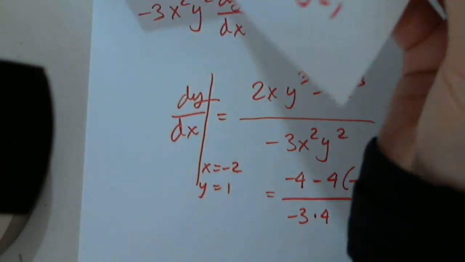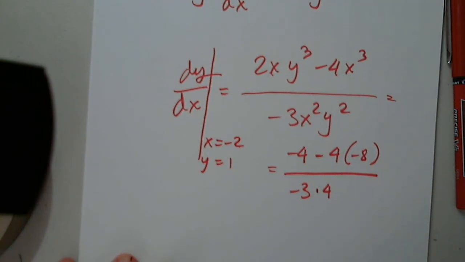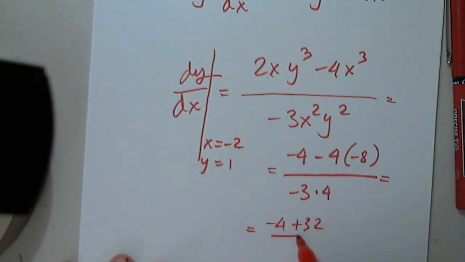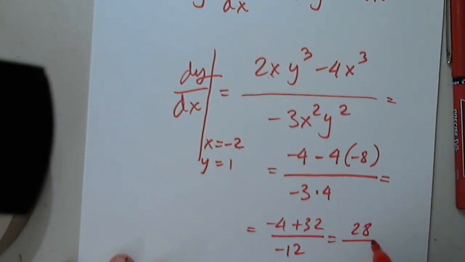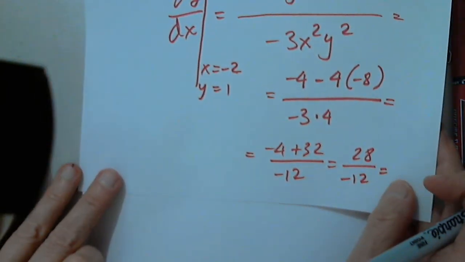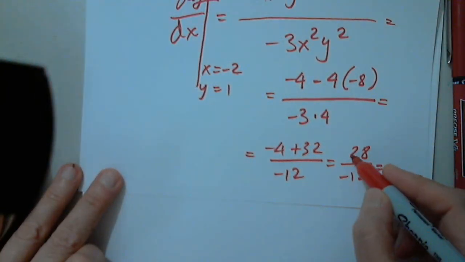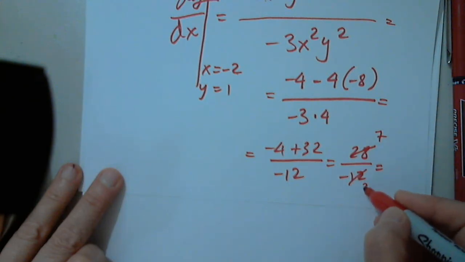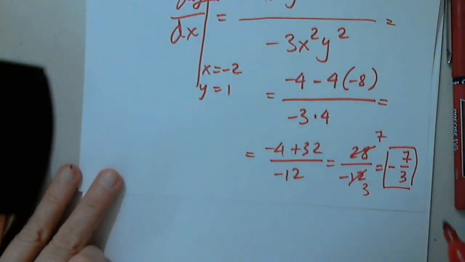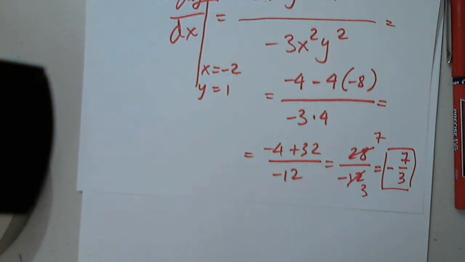Do not simplify in a sum, please. So I have negative 4 plus 32 over negative 12. I have 28 divided by negative 12. I'll simplify by 4. And I get negative 7 over 3. This is the slope of the tangent.